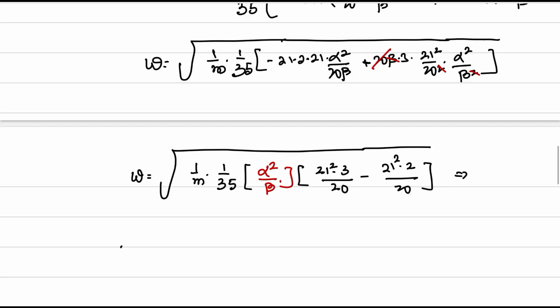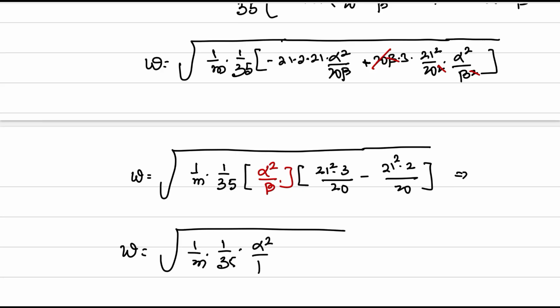Therefore, omega is equal to square root of 1 by m into 1 by 35 into alpha square by beta into 1 into 21 square by 20.